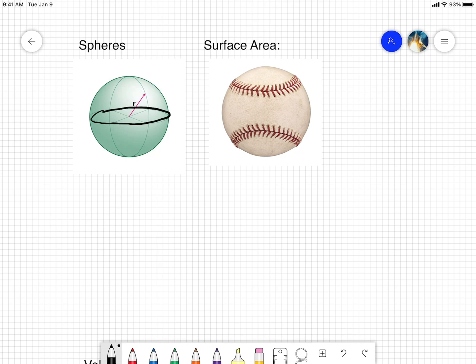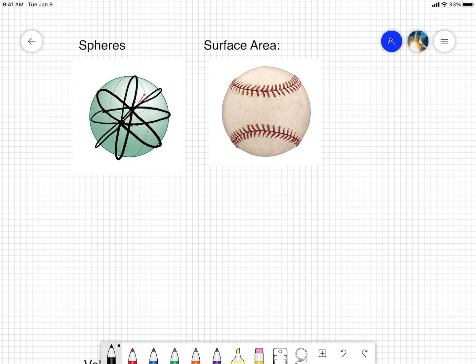If I imagine drawing an infinite number of great circles, the largest possible circle that I can fit around this sphere, and I just keep drawing them, you'll see that they start touching in two places, each of these poles.